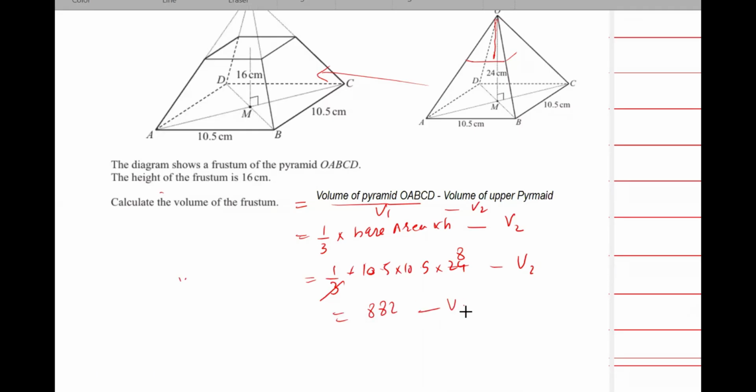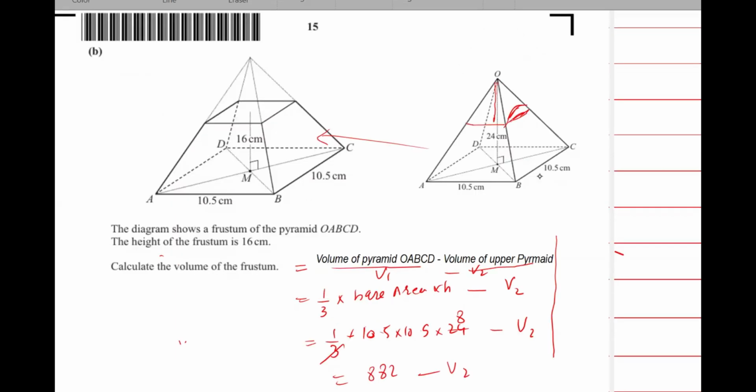And V2, we can calculate this volume of upper pyramid by using the similarity ratio rule of volume. Look here, this is the pyramid OABCD and this is upper pyramid. When we cut this upper pyramid, we take the ratio of upper pyramid to bigger pyramid.